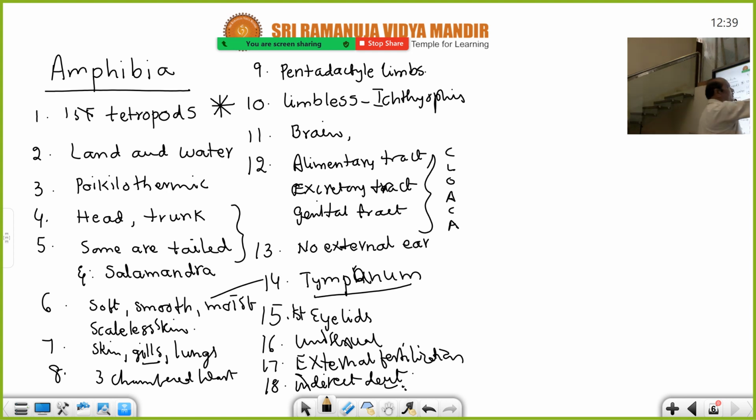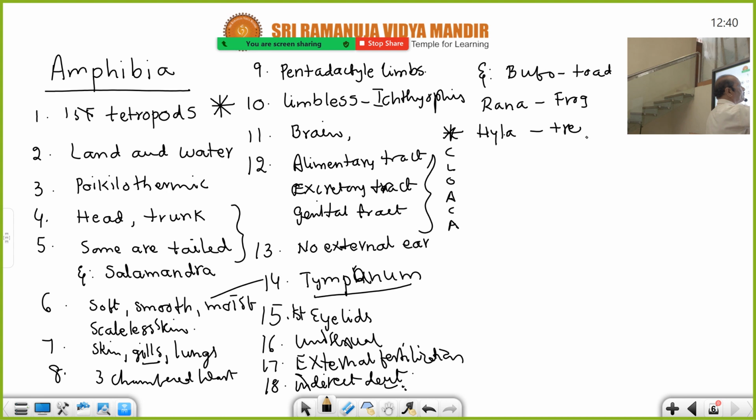Examples you see, noteworthy examples only some, not all. Bufo, common name toad. Rana, Indian frog, simple frog. Hyla, tree frog. This is a unique example. Put a star mark.